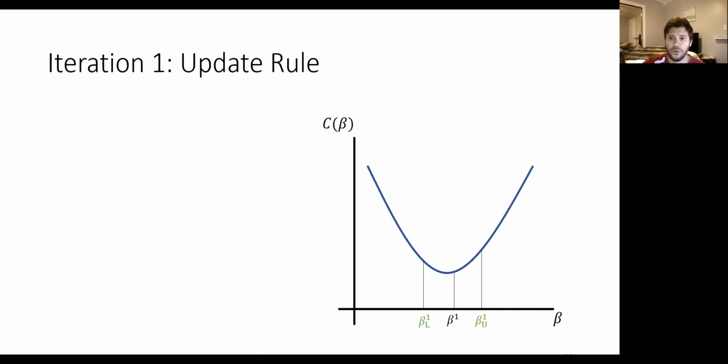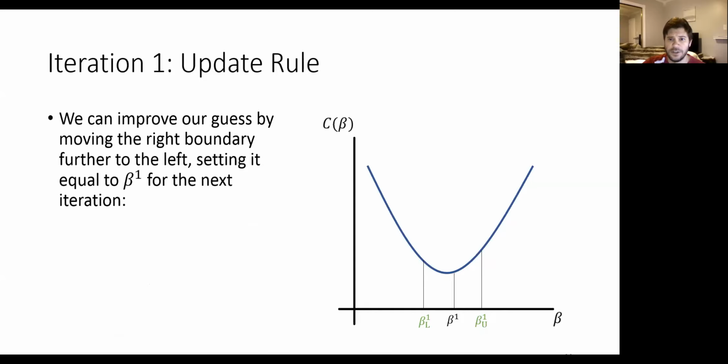We want to move a little bit to the left, and we're going to do this by picking up that right boundary point and moving that right goalpost further to the left by setting it equal to beta 1 in the next iteration. So in iteration 2, we're going to move the right goalpost, the upper bound, to where beta 1 is now.